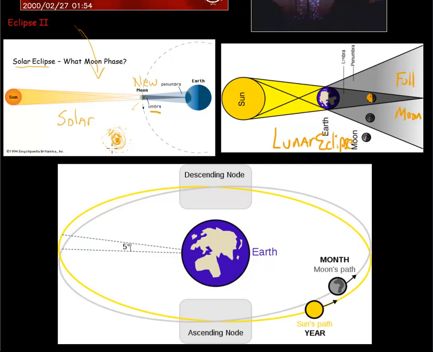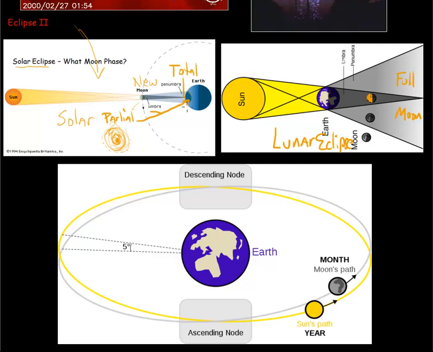It would look sort of like that, darker in the center. This would be the penumbral part. If you live in the penumbral part, you're experiencing a partial eclipse. And if you live in the umbra, you're experiencing the total.